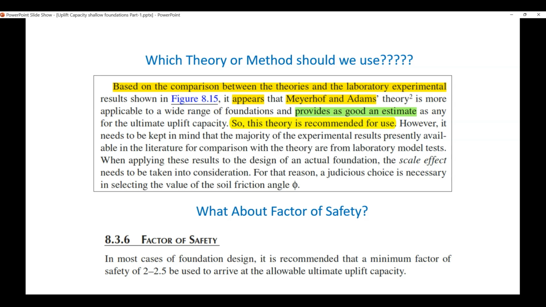The book of Braja M. Das suggests that in most cases of foundation design, it is recommended that a minimum factor of safety of 2 to 2.5 be used to arrive at the allowable ultimate uplift capacity. So you can use 2 for your uplift capacity of your foundation, but it's better than using nothing, right? And you should use at least 2. Otherwise, it will be on a design, and there may be cracks in your soil during uplift, etc. You don't want your soil to be cracked up to the existing ground level, right?